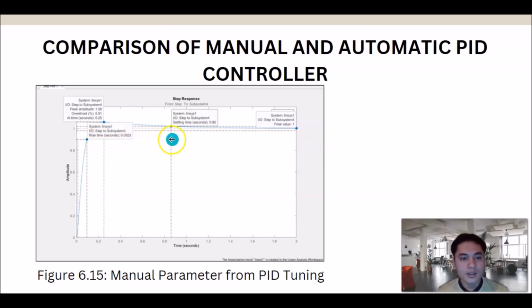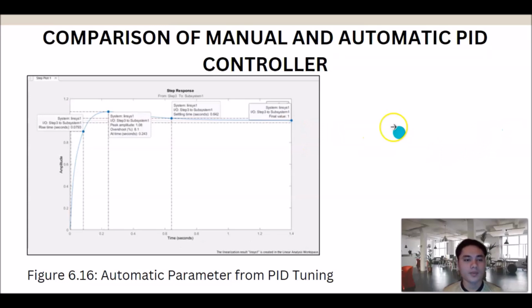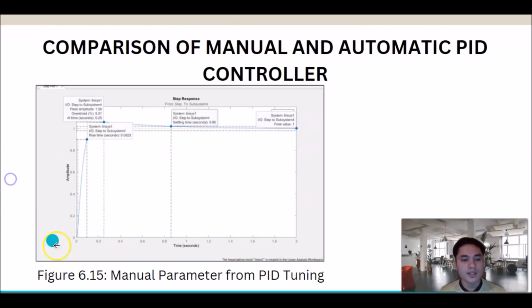So the rise time is 0.0823, and then continuing to the settling time of 0.086. Finally, our final value is 1. So this is our manual parameter from PID tuning.